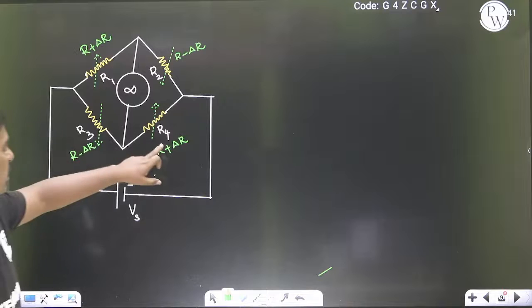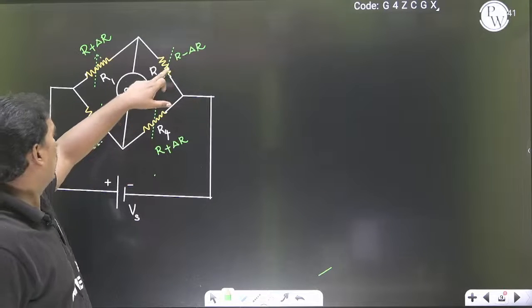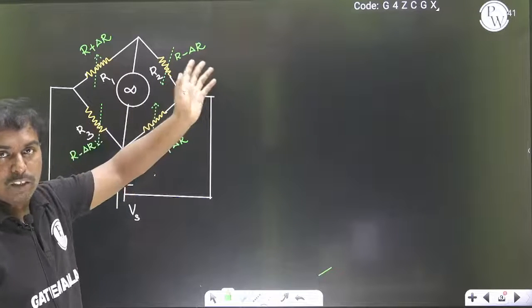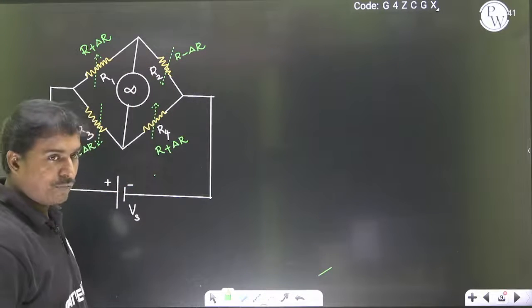Suppose if I keep R minus delta R here and R plus delta R here, then the product of opposite arms will be balanced. It should not be like so. This is a perfect configuration.